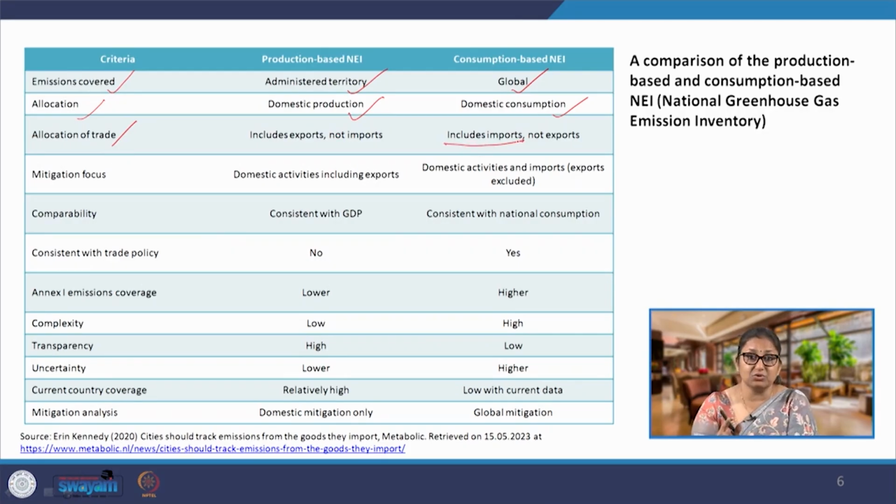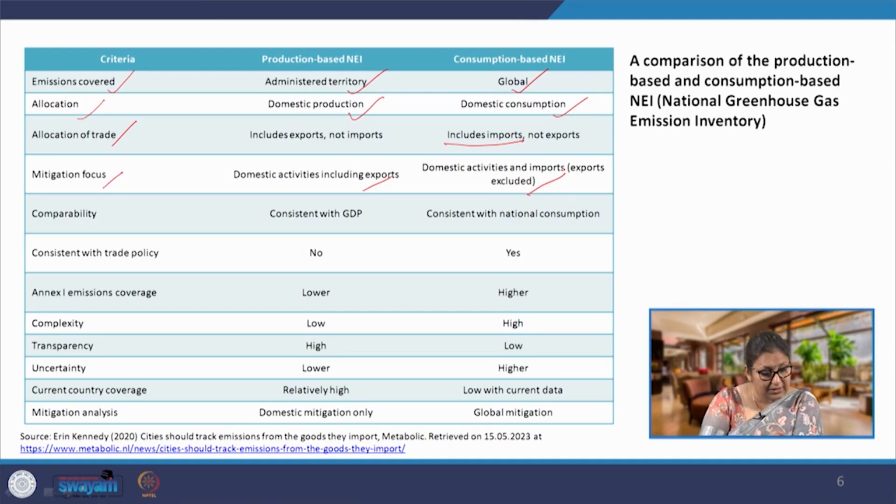So, domestic consumption plus the imports that are coming in. If we look at the mitigation focus, for production based we will largely look at the domestic activities including exports, while for consumption based we will look at domestic activities which are resulting in emissions plus imports. Exports are excluded in this particular scenario.